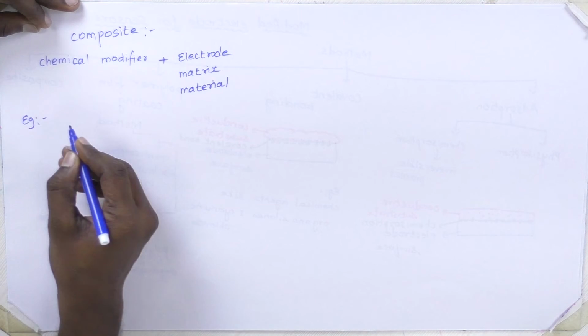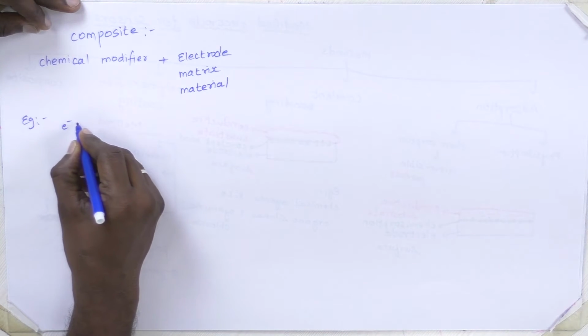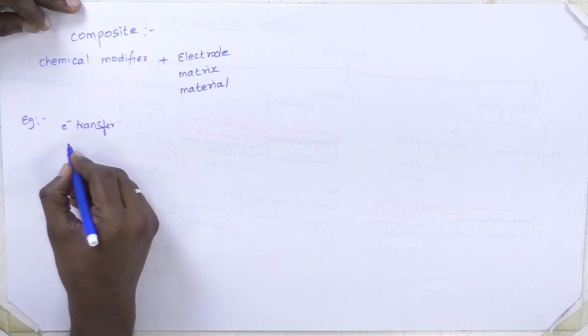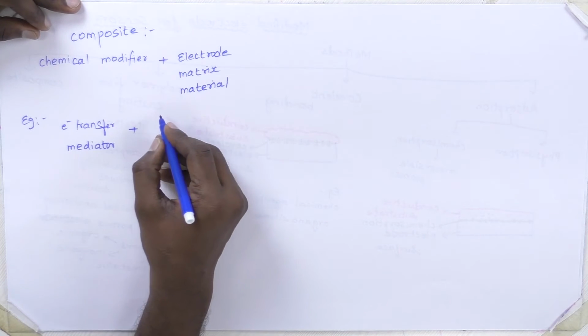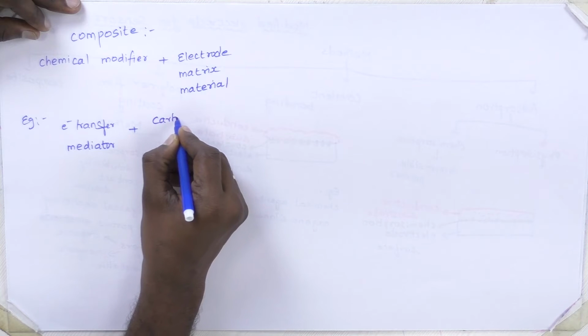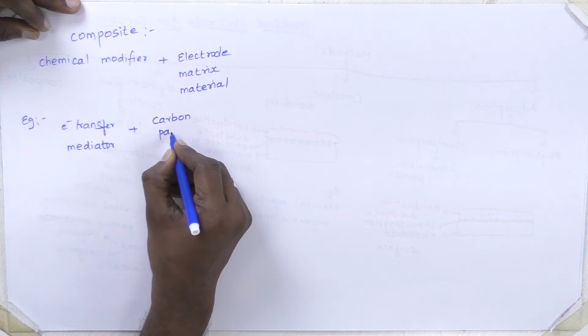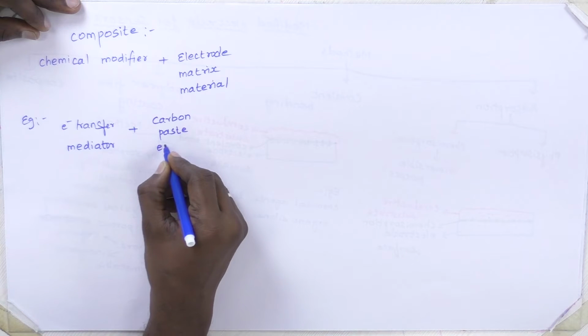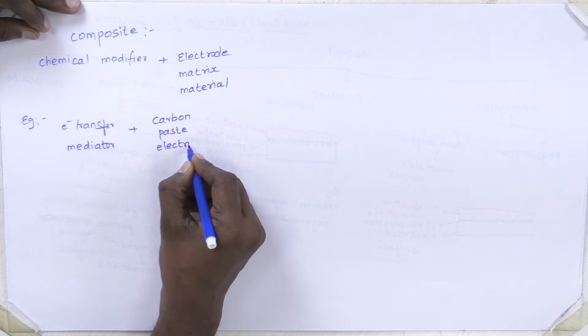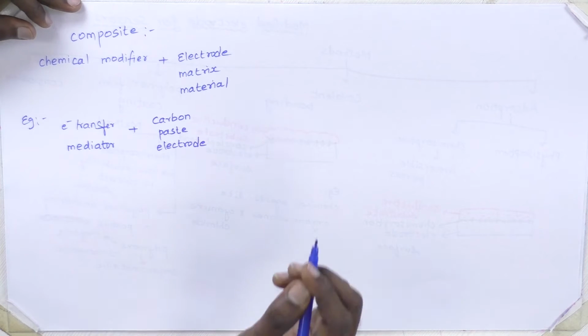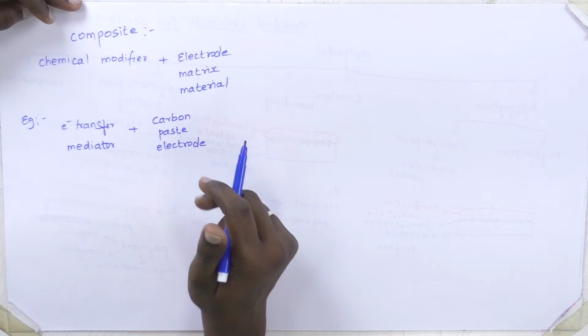For example, an electron transfer mediator is mixed with carbon paste electrode.